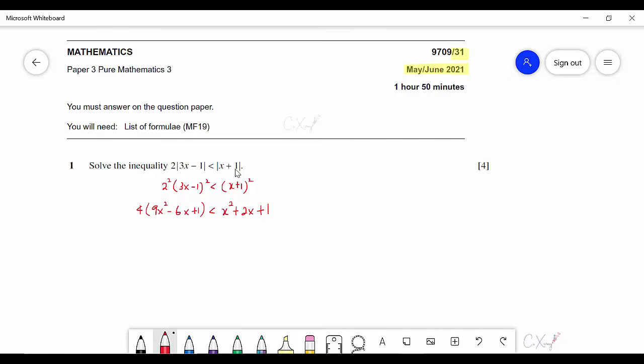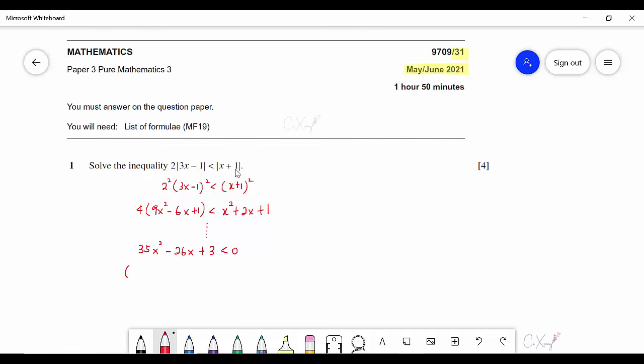If you simplify and move everything to one side, eventually you should get 35x squared minus 26x plus 3 smaller than 0. When you get to this part, you will see that you have a quadratic inequality.